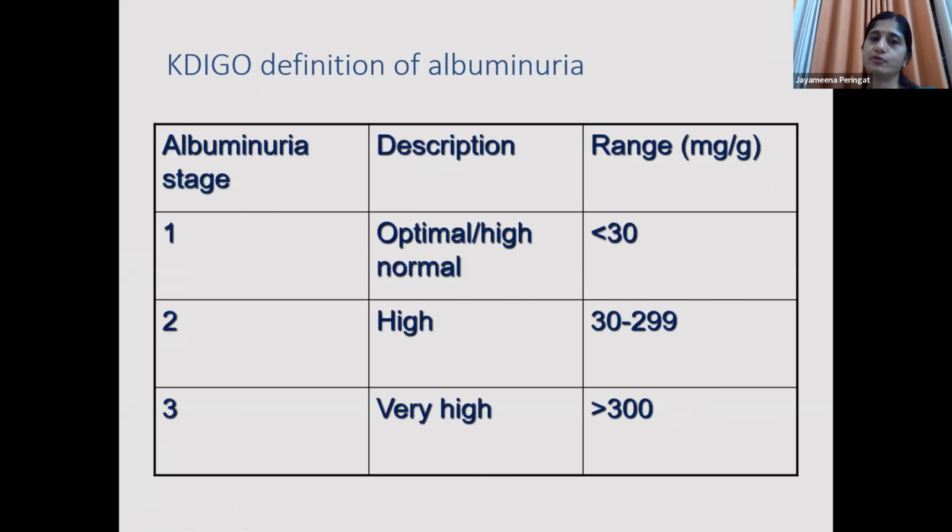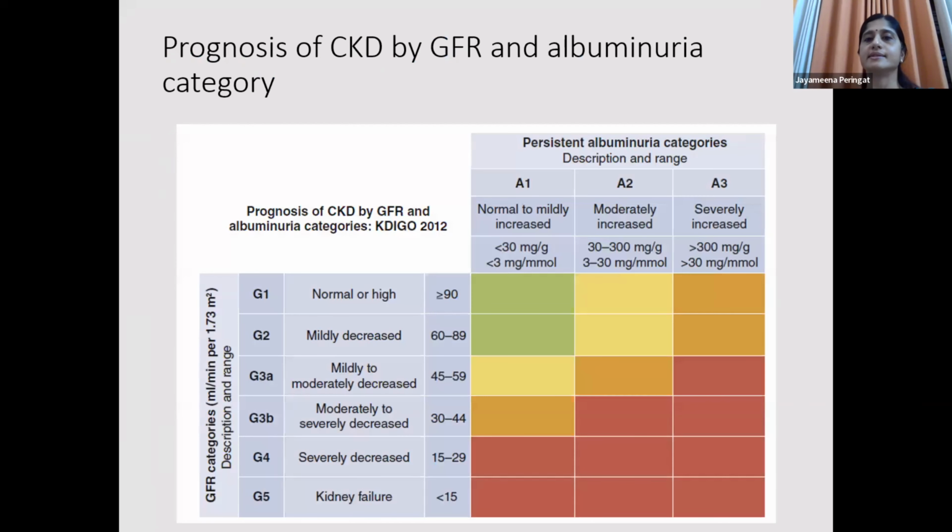The definition of albuminuria: optimal is less than 30, high is 30 to 299, and very high is more than 300. So with GFR and albuminuria, they have staged CKD with G for GFR and A for albuminuria range. Here you can see it is G1, A1.